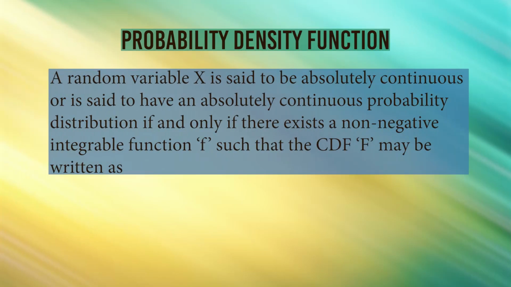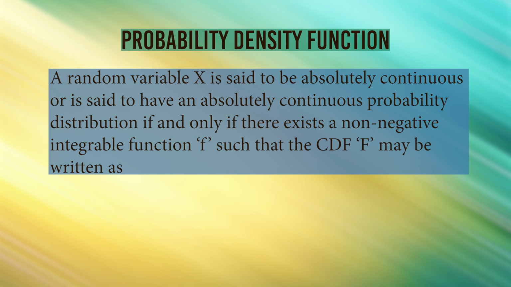So you can look at the definition on the slide. A random variable x is said to be absolutely continuous, or alternatively is said to have an absolutely continuous probability distribution, if and only if there are two conditions: non-negative, first condition, and integrable.